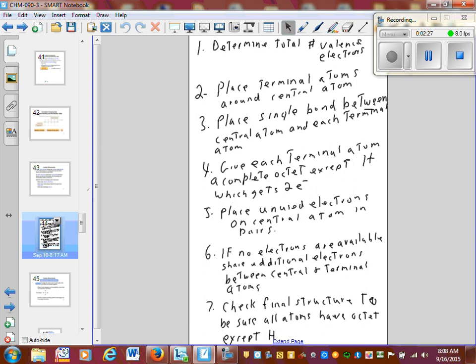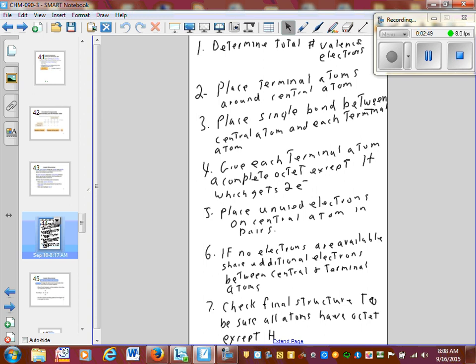A single bond is how many electrons? 2. Give each terminal atom a complete octet, except for hydrogen. Hydrogen only needs how many to be happy? 2. If you have any electrons left over, you put them on the central atom.